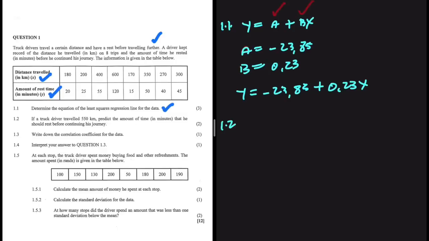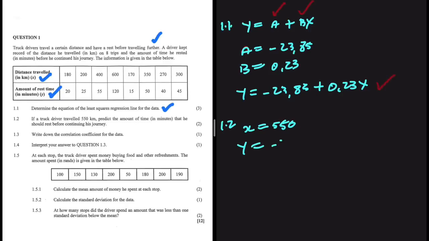1.2, if a truck driver traveled 550 kilometers, predict the amount of time in minutes that he should rest before continuing his journey. So we are given an x, which is equal to 550, and we want the y, which is the amount of time. So we are substituting 550 into this equation.